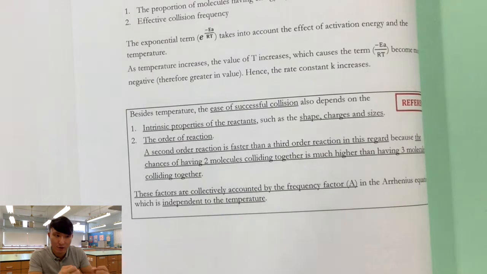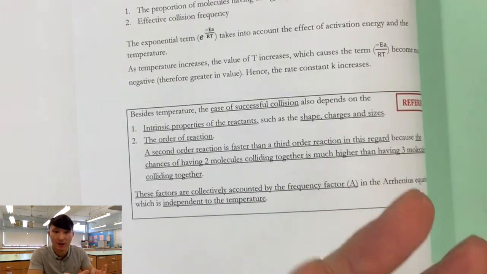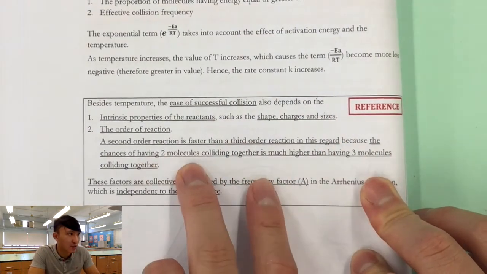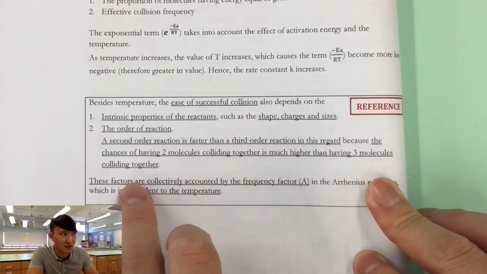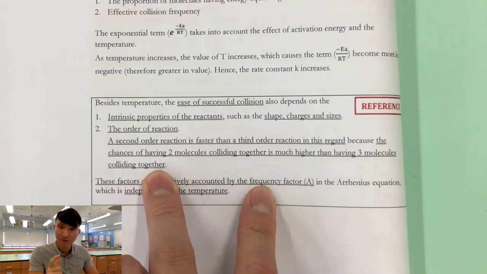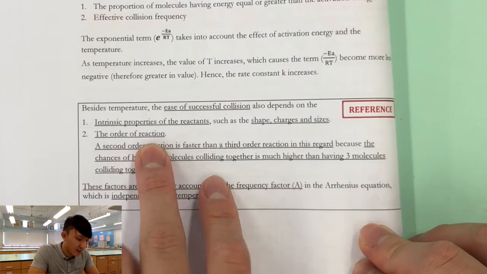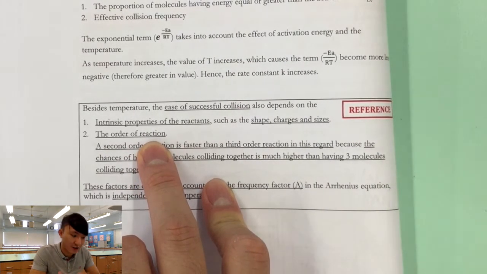Now, it is difficult for 2 particles. It has to be much more difficult for 3 particles, 4 particles, etc. So here, the chance of having 2 molecules colliding together is much higher than having 3 molecules colliding with each other, as well as having sufficient energy and proper orientation. So that's why the order of reaction is also affecting the rate of reaction, or affecting the rate constant, okay?